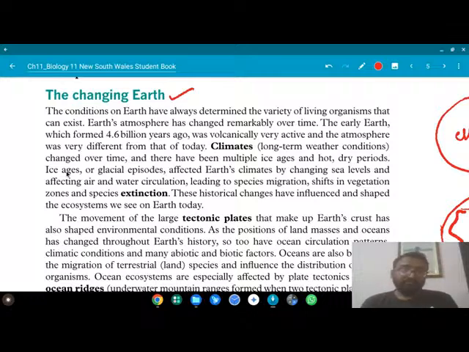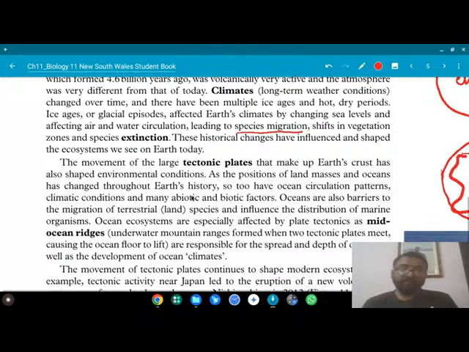The ice ages and glacial episodes affected Earth's climate and changed sea level, affecting air and water circulation, leading to species migration, shifts in vegetation zones, and species extinction. So these are the historical changes of the Earth.